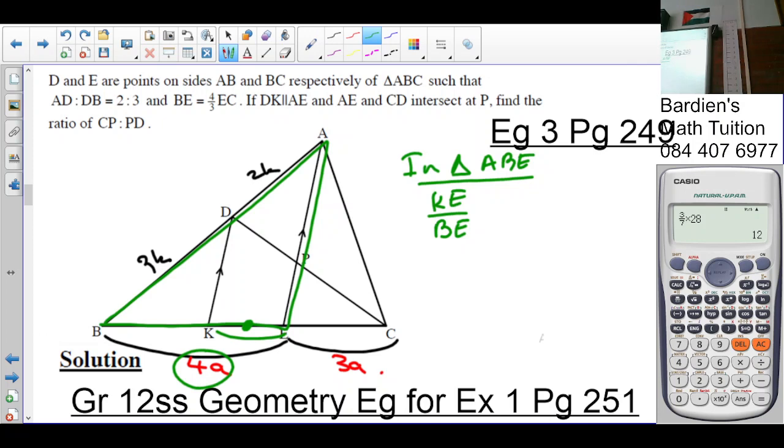Can you see that? So KE over BE is equal to AD over AB. Why?